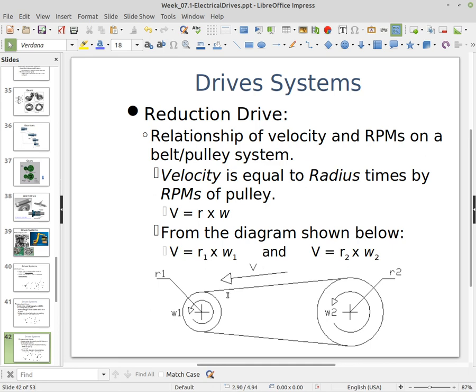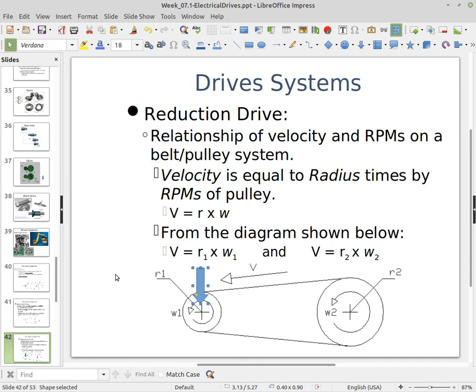So if we have a belt attached, the velocity at the point where the belt leaves the one wheel, and at the point where the belt just starts touching the top of the other wheel, is going to be our linear velocity. And that linear velocity is the radius of the wheel times the angular velocity.